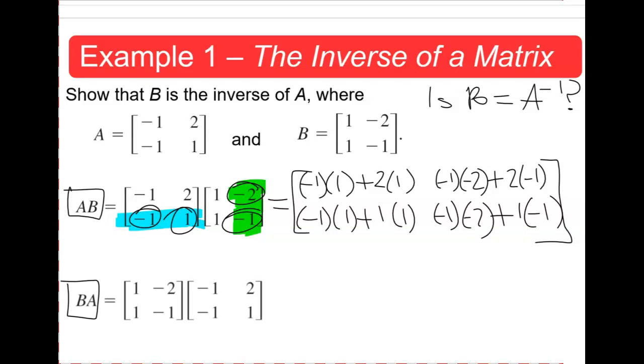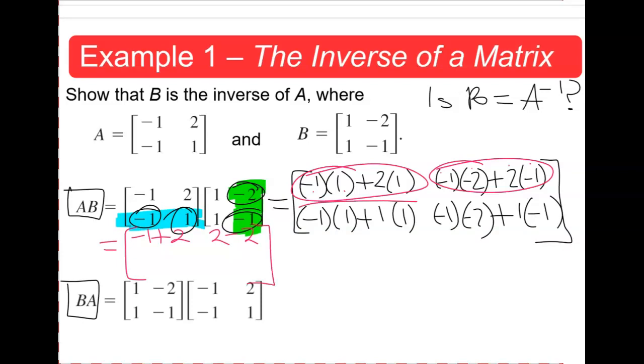Okay, so now we're going to carry out the multiplication and then the addition. So we're going to have here -1 times 1 is -1, and then 2 times 1 is 2. Then second row, second column is -1 times -2, which is +2. 2 times -1 is -2.